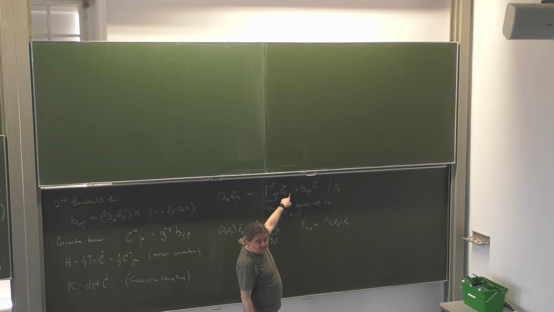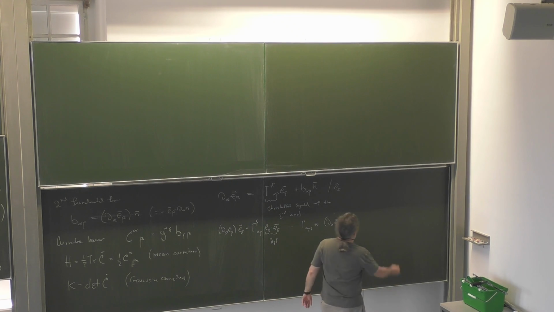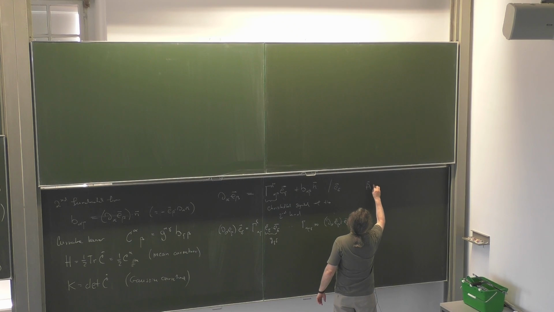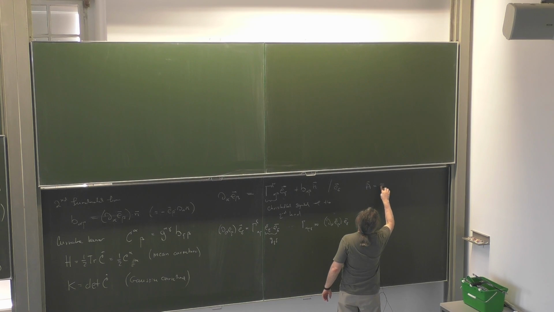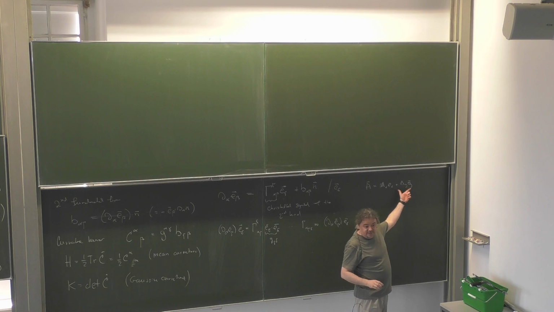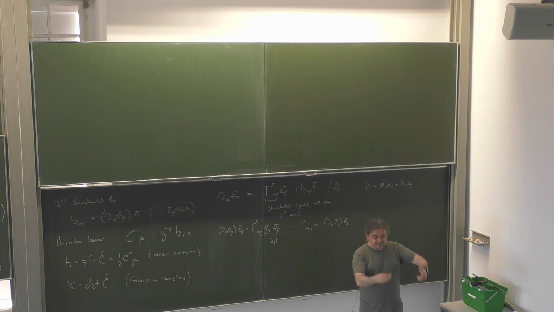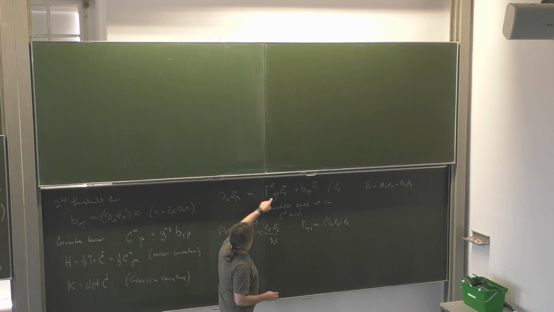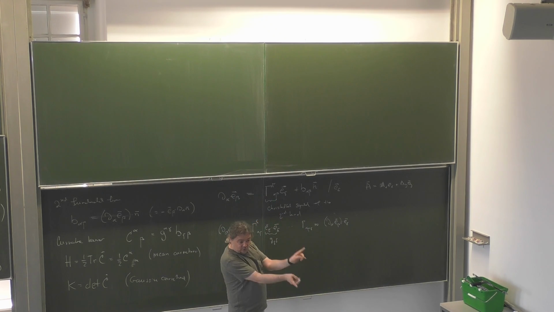Because you have some kind of a vector A, you can write it as AX EX plus AY EY, and then for alpha and beta I use X and Y. I'm just playing with indices, because all I'm saying is that this is a vector which I'm going to write as a linear combination of the two basis vectors.